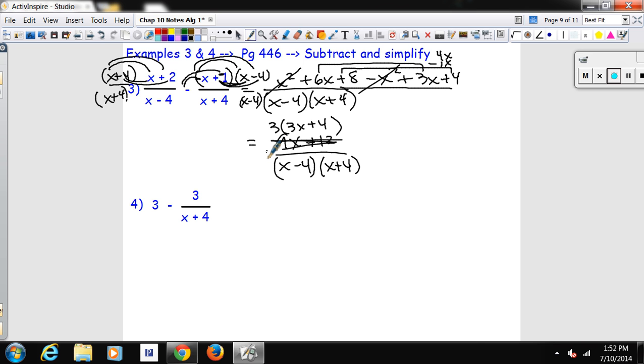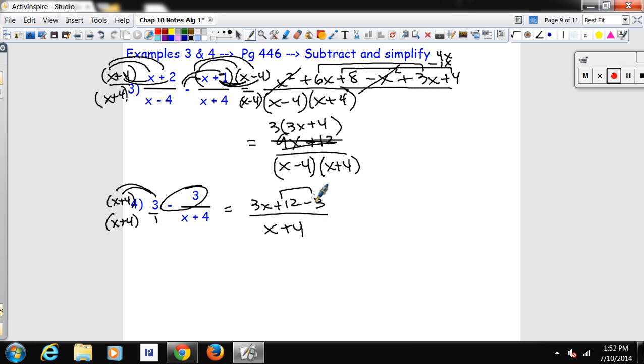And when there's a whole number, you could always put a 1 under it. So you could just multiply by x plus 4 on the top and bottom, so that you'll have a common denominator of x plus 4. So here you'll have 3x plus 12, and here you have a negative 3.